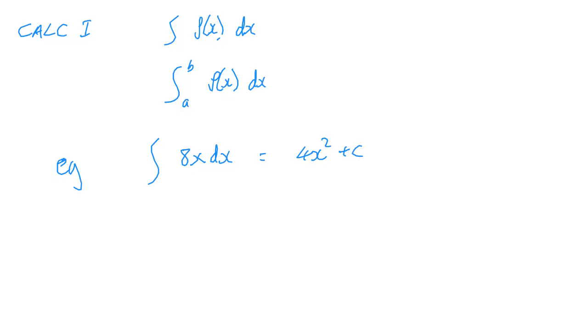And then I also have the integral from 0 to 2 of 3x squared, which I would say is x cubed evaluated from 0 to 2. But you only need to look at those two answers to see they are completely different things. One's a function and one's a number.